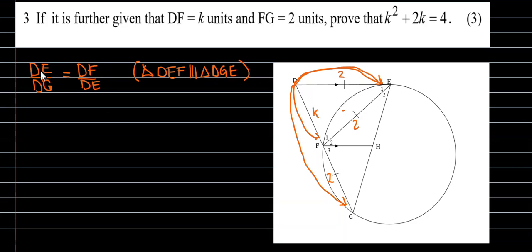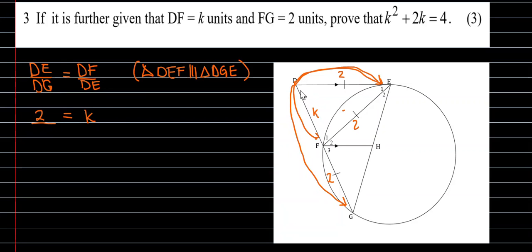So now let's just substitute values here. DE is what? It's 2, and also DF, where is DF? DF is k. And what is DG?